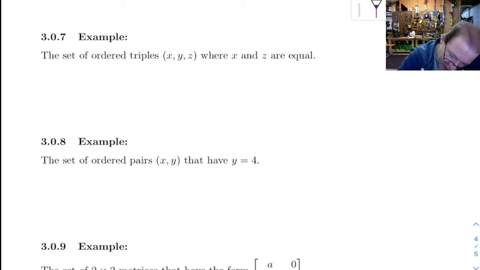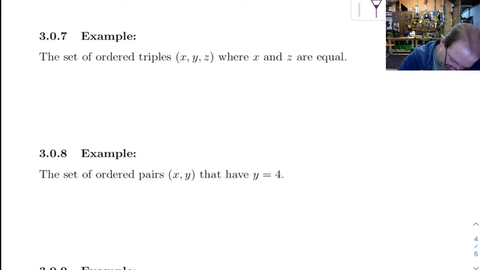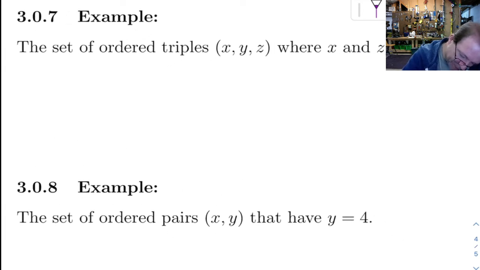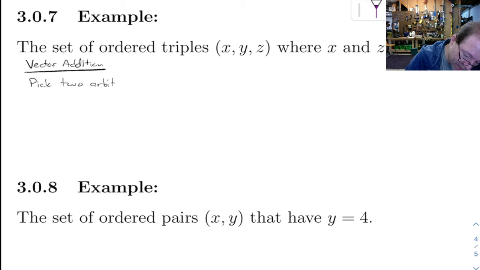Here's what you do. Now I didn't leave a whole lot of space here, so I'm gonna make this big and then I'm gonna write small. So the way you do this is first let's check vector addition. The way you check to see if it's closed under vector addition is you pick two arbitrary vectors in the set and add them.